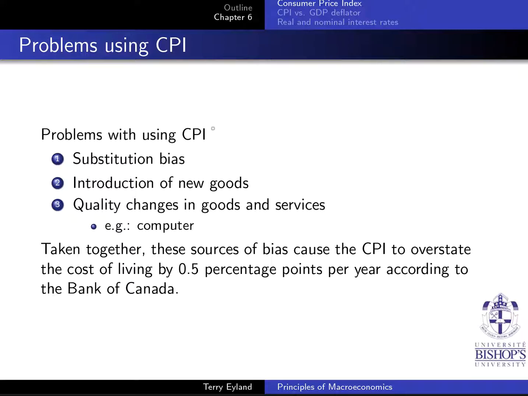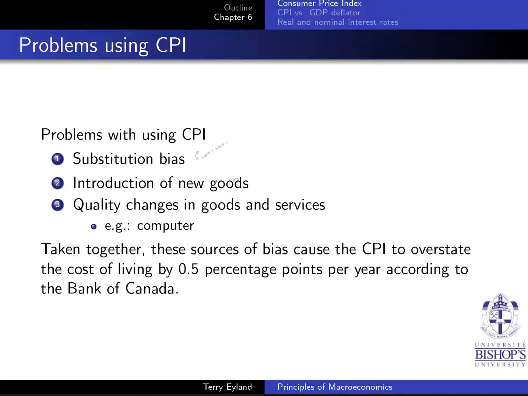If bananas are now like, I don't know, $20 for a pack of bananas, I'll probably just buy something else. The problem with the CPI method is it will say, from this year to this year, this is what the typical consumer buys in bananas. But it doesn't take into account that in the year that bananas are really expensive, he's going to substitute away and buy another fruit instead. So that's the first big problem with CPI.